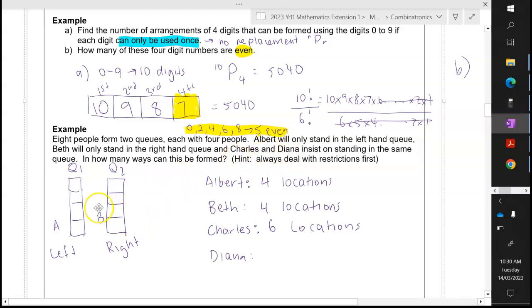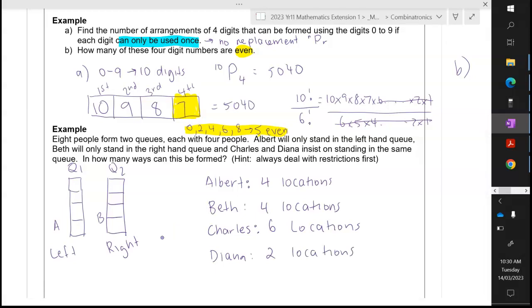So if we're over on the left here, Albert's in there, and if Charles is in there, then there's only 2 spots left for Diana. If we're over here, Beth's in here, and if Charles is in here, then there's only 2 spots left for Diana. So in either case, Diana only gets 2 locations because her restrictions are based on Charles, are restricted by what he does.